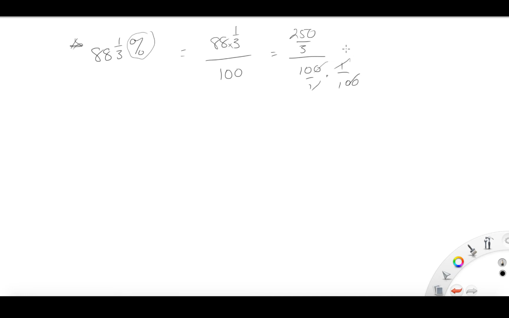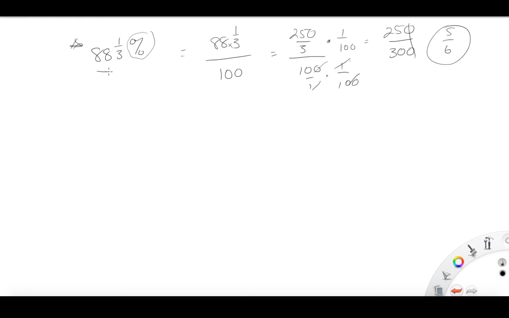That all cancels out. We multiply by 1 over 100, and we get 250 over 300. We can reduce, first of all, by canceling off those zeros. Now we're left with 25 and 30. Both are divisible by 5. So if we do that, it's 5 over 6. There is our answer.